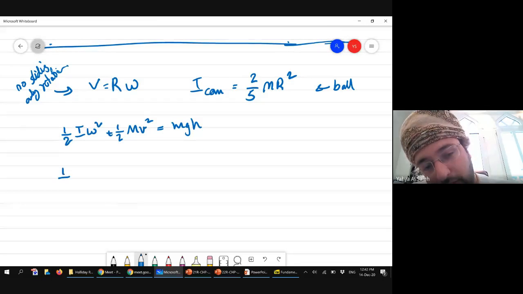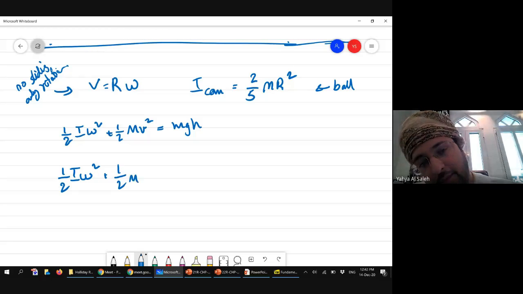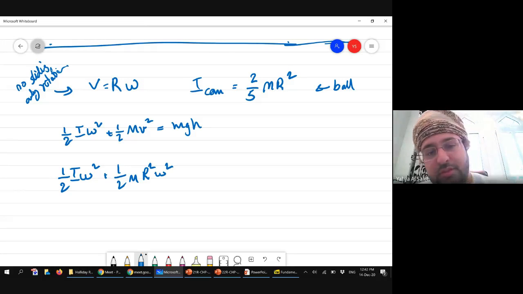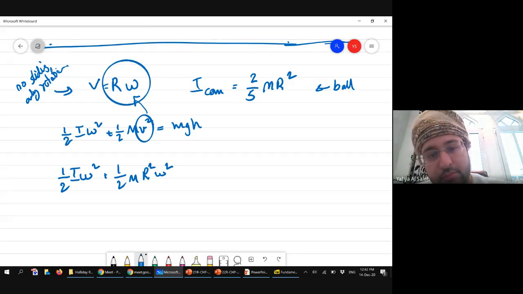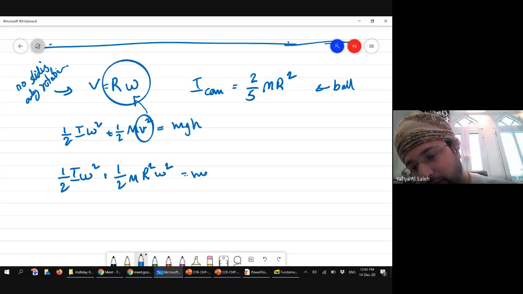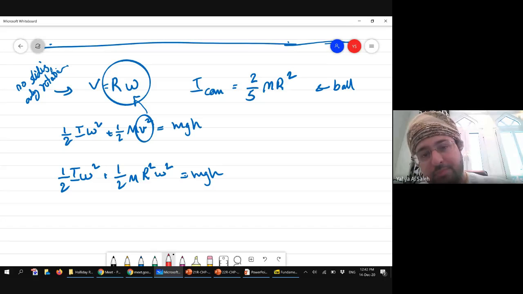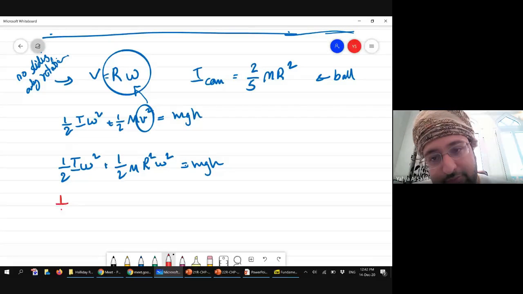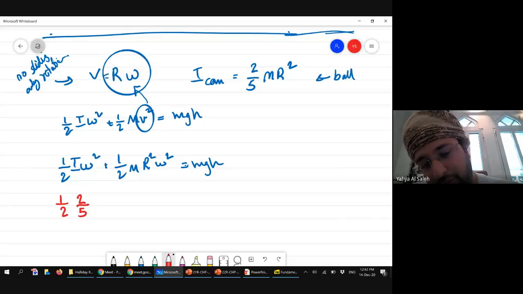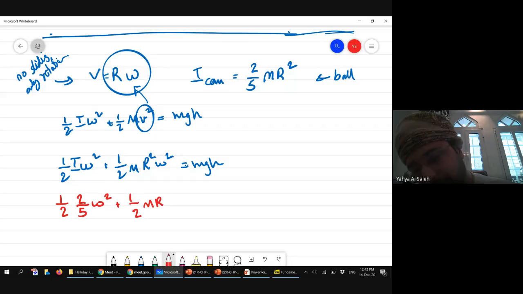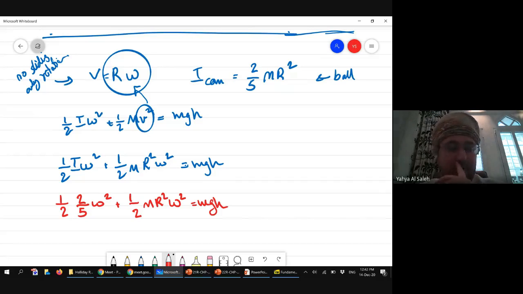So half I omega squared plus half m r squared omega squared. I just substituted v with this, equals mgh. Now I will substitute in I com. So I get half 2/5 mr squared omega squared plus half m r squared omega squared equals mgh.